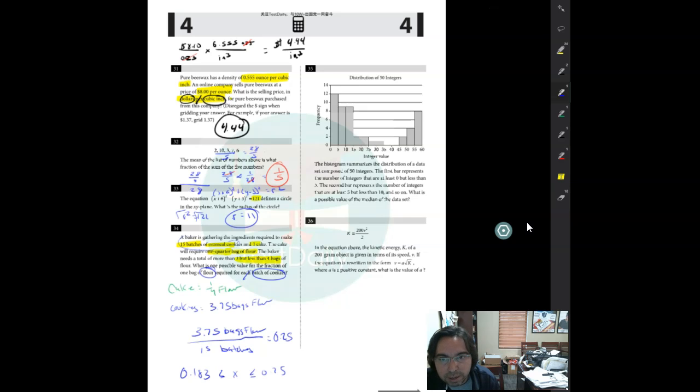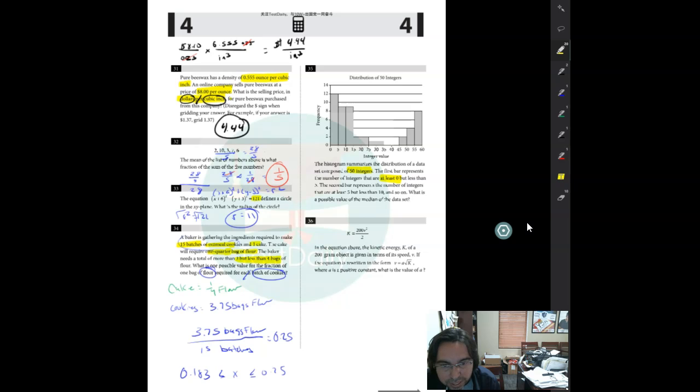Okay, looking at number 35, it's telling us that a histogram summarizes the distribution of data composed of 50 integers. The first bar represents the number of integers that are at least 0 but less than 5, so that's 0 to 4 in the first one, and then 5 to 9 in the next one, and so forth. The second bar represents the number of integers that are at least 5, and so forth.